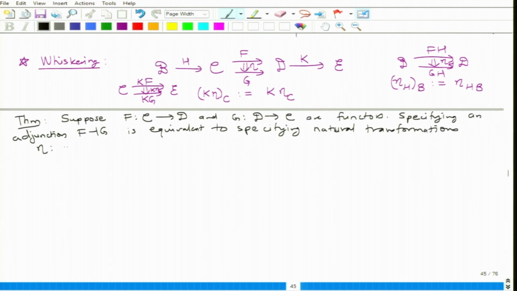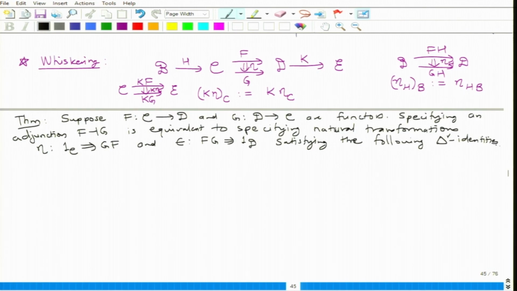First one is obviously eta from the identity functor to GF, and epsilon from FG to identity, satisfying the following triangular identities.